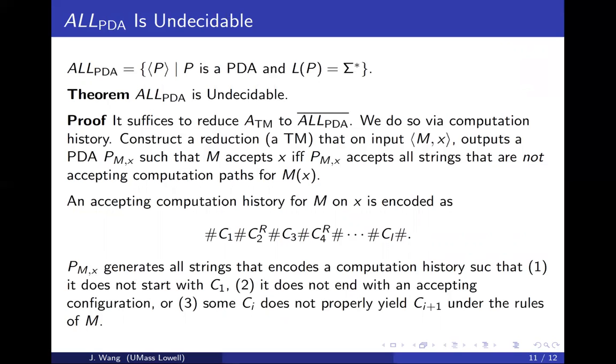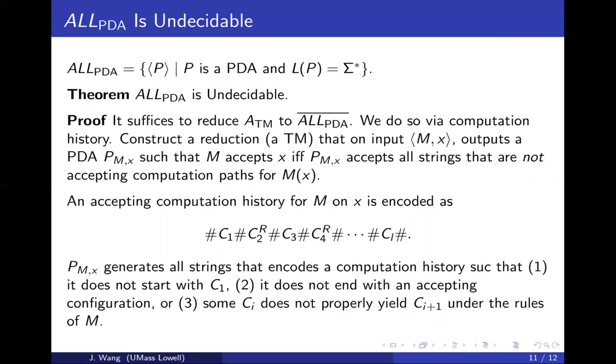Again, to show this is undecidable, it's easier to show that the complement is not decidable. So in order to do so, we want to reduce A sub TM to the complement of O sub PDA.